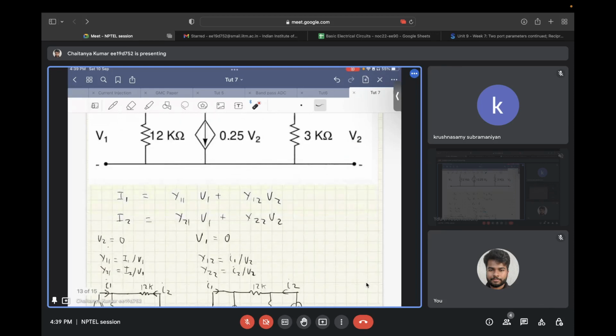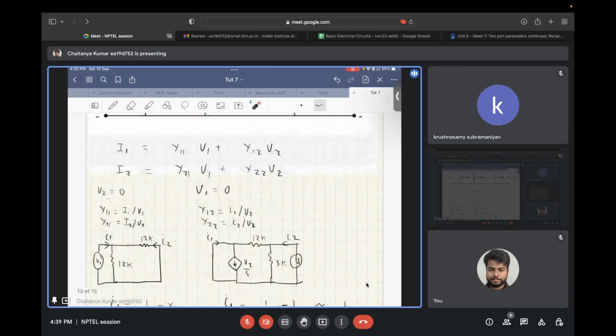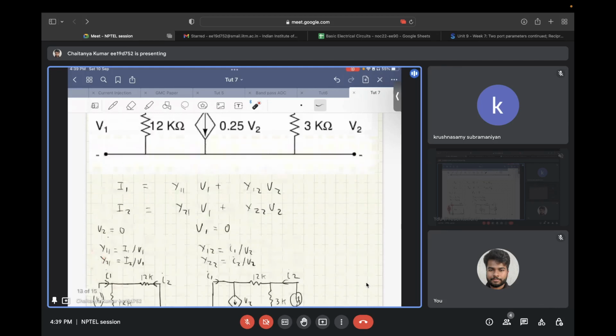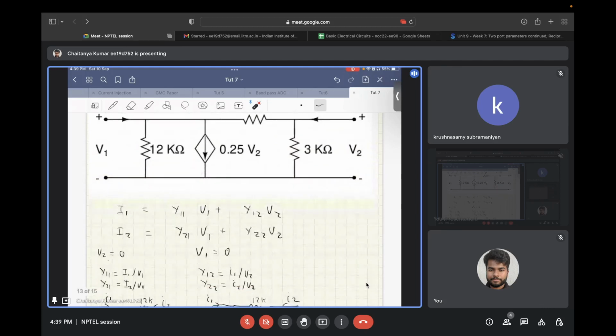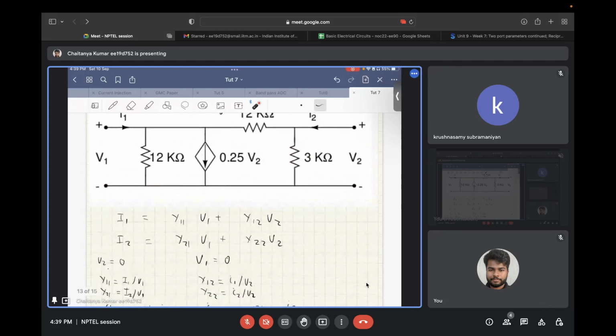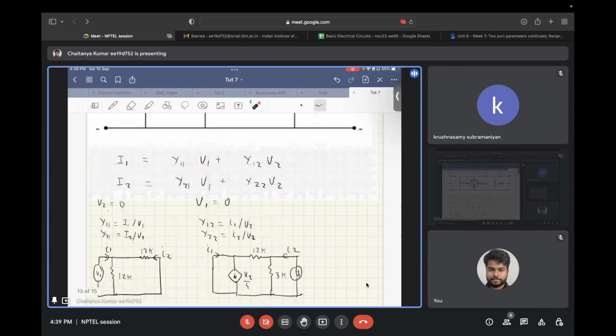If we short circuit port 2, we get Y11 as I1 by V1 and Y21 as I2 by V1. Here the voltage source V1 is connected. In this case, this 3 kilo ohm resistance will not come into the picture, and since this is a voltage controlled current source and V2 is 0, it also becomes open circuited.